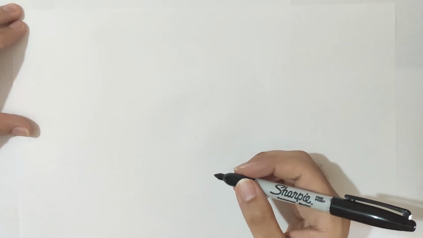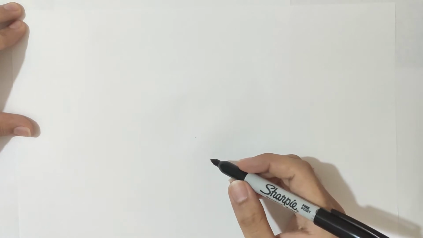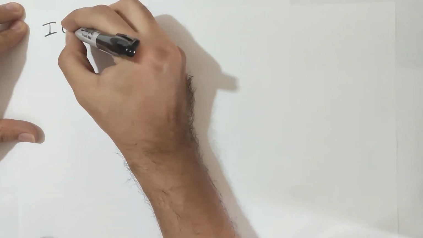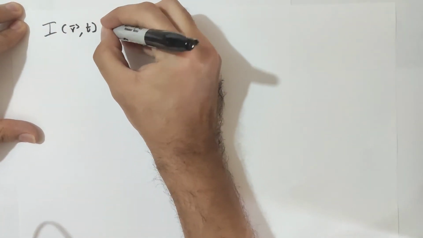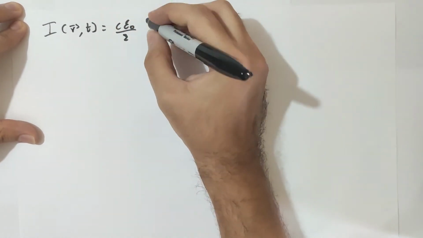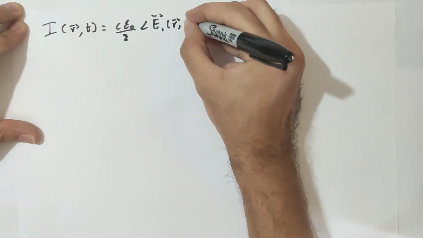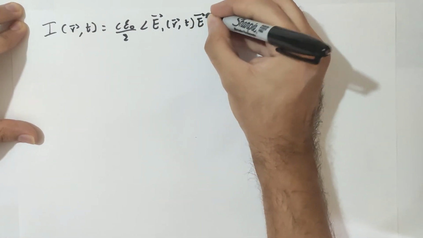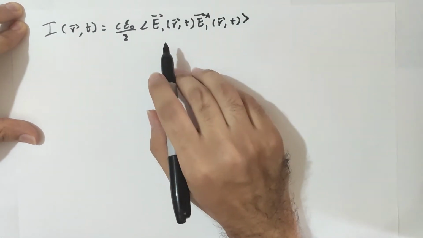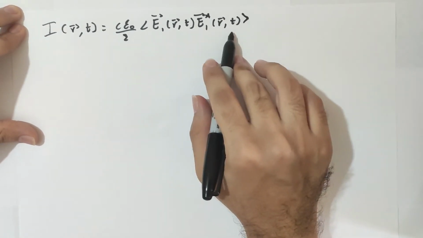Now what we have to do is to replace the value of the total electric field in terms of the electric field 1 and 2 in the intensity function. So if we look at that, we'll find that the intensity at that point can be regarded as follows. So this first term is the intensity of the first electric field at that point.